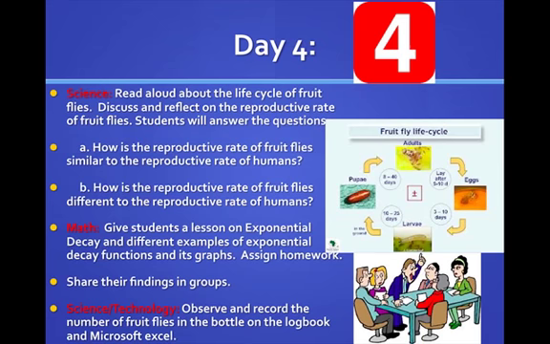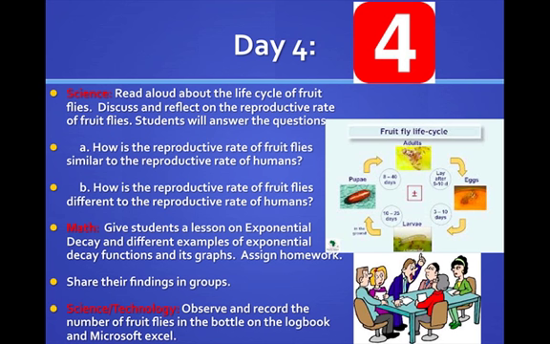Okay, day 4. In day 4, I'm going to have a read-aloud of some information on the life cycle of fruit flies. I'm going to have students discuss and reflect on the reproductive rate of fruit flies. Students will answer these questions: how is the reproductive rate of fruit flies similar to the reproductive rate of humans? How is it different?